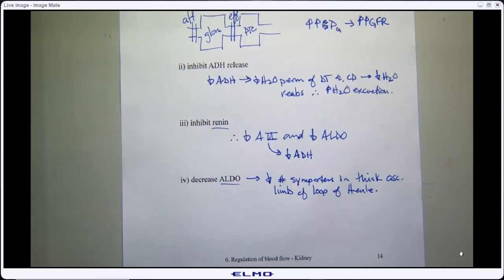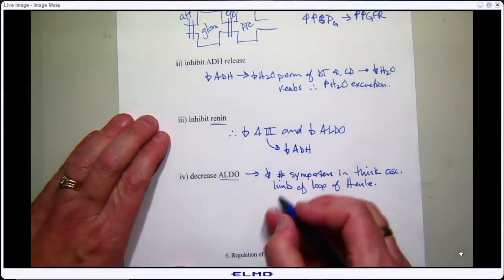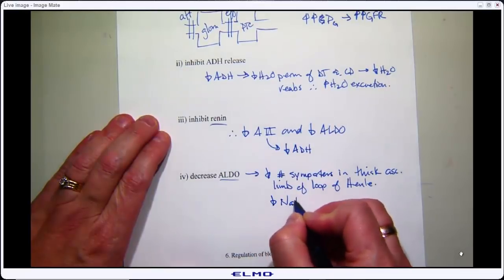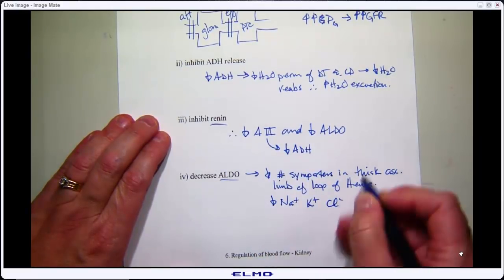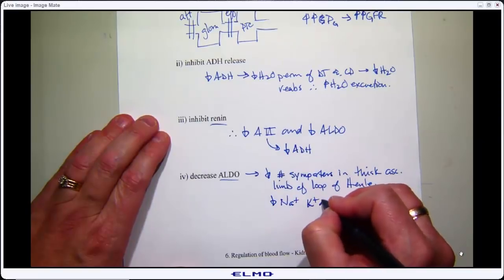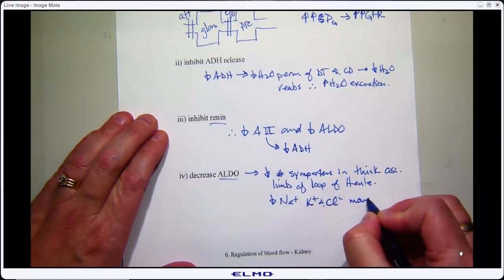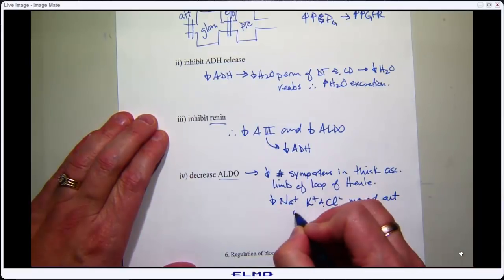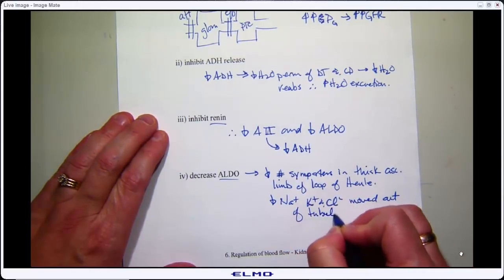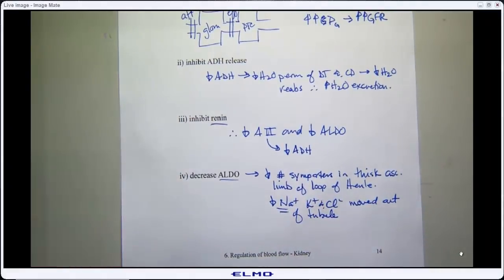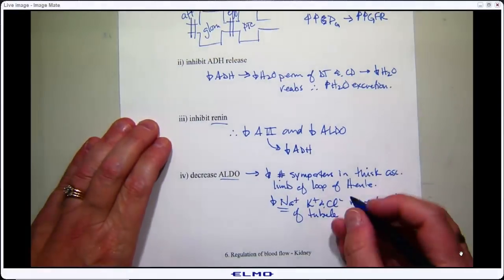Okay, so we're going to decrease the amount of sodium, chloride, and potassium we move out of the tubule. Critical to this would be that sodium, because if we decrease sodium movement, we decrease water reabsorption, because water follows sodium.